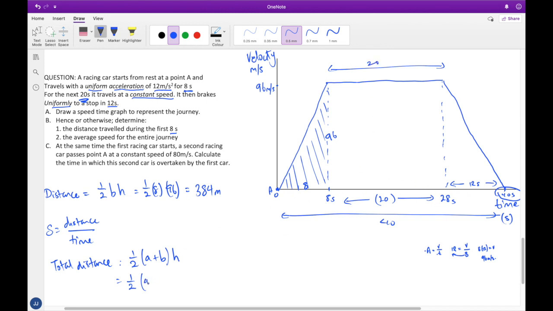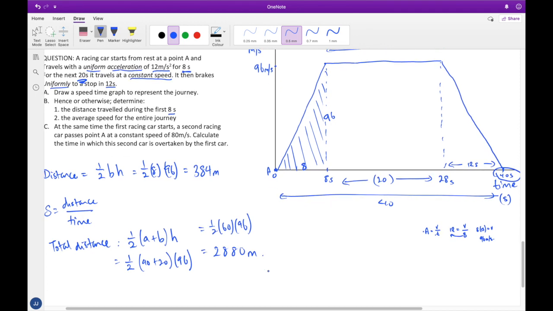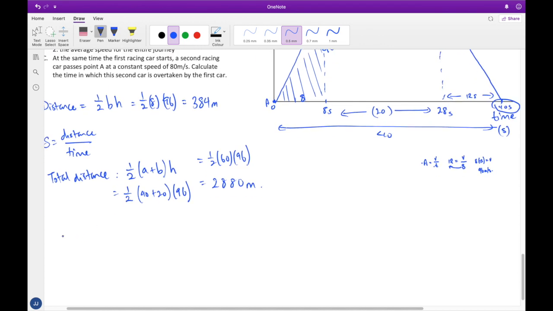So 40 plus 20, and that is being multiplied by the height, which is the 96. So that'll be a half into 60 times 96, which is approximately 2,880 meters, right?